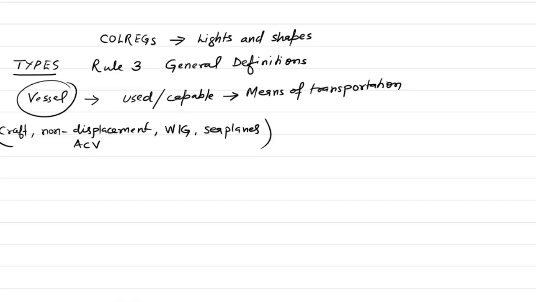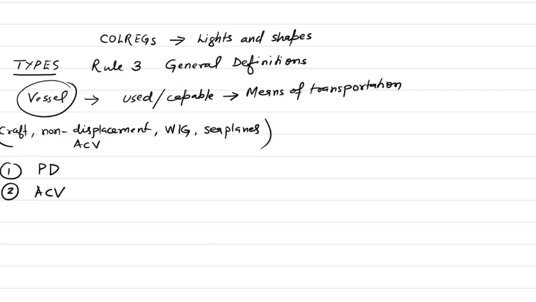So as per COLREG, these vessels are in various categories. Number one is power driven vessel, PD in short. Number two, related to this, will be air cushion vessel.